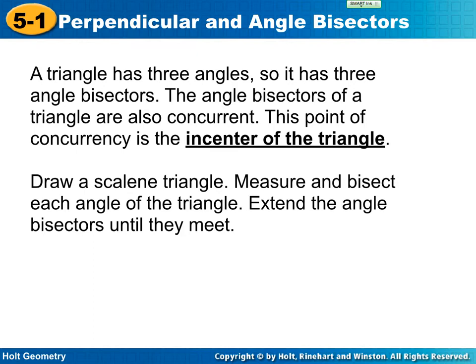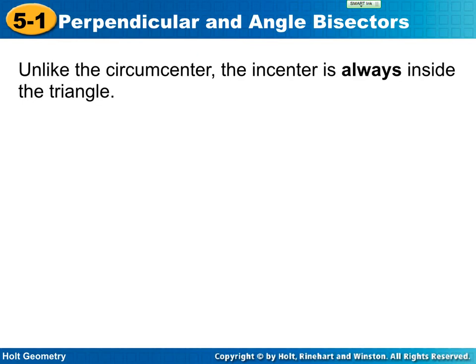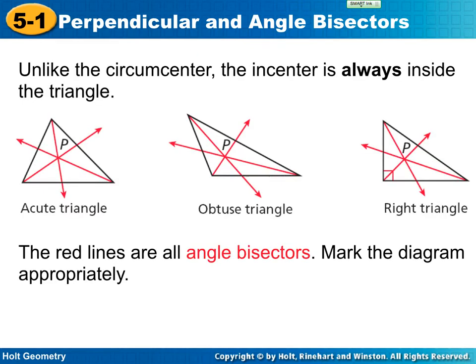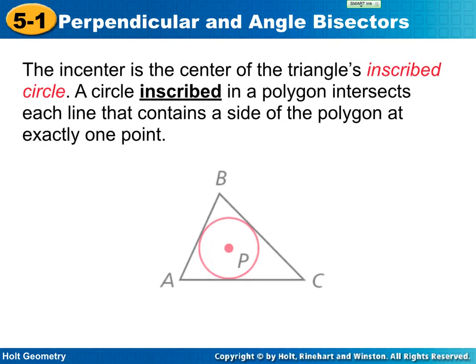Making sense? So no matter what kind of triangle it is, the incenter is always on the inside. Your circle is an inscribed circle, touching all sides. So the inscribed circle is on the inside of the polygon.